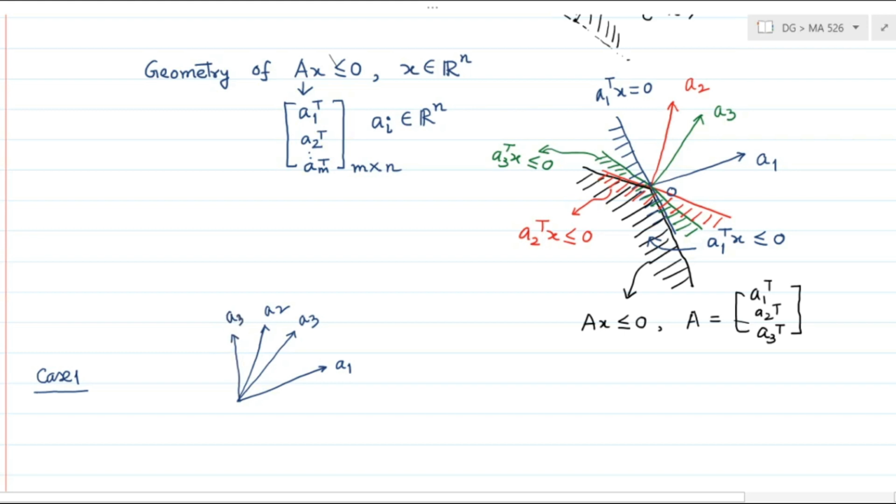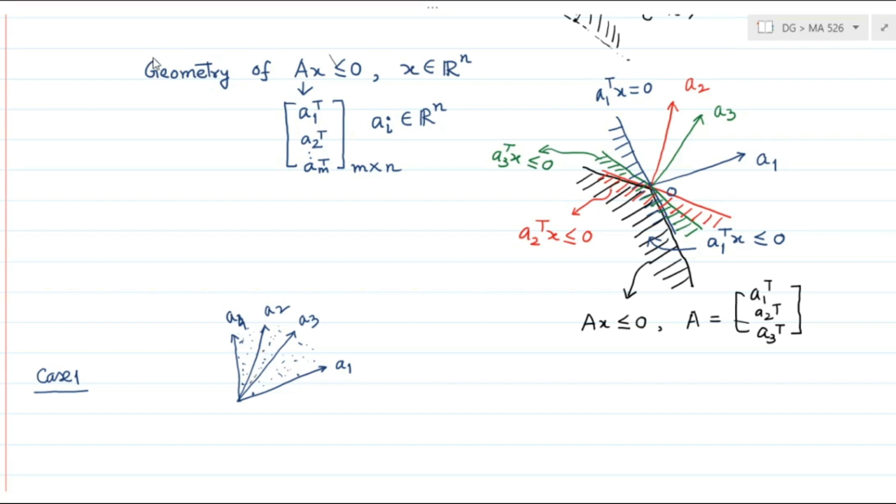And you can have two possible cases, that C is lying inside this cone in between A1 to A4. The cone generated by these four vectors A1, A2, A3 and A4 is this dotted region.